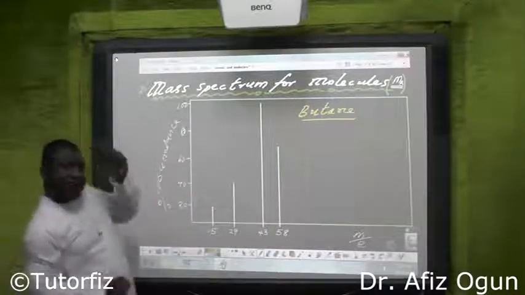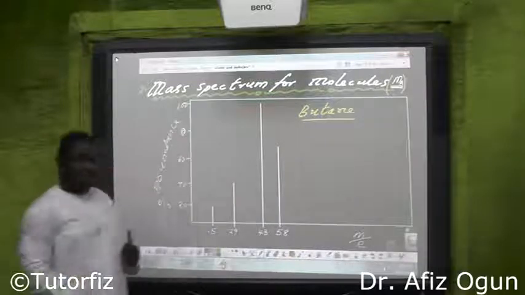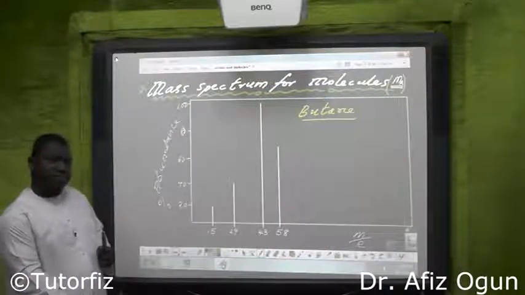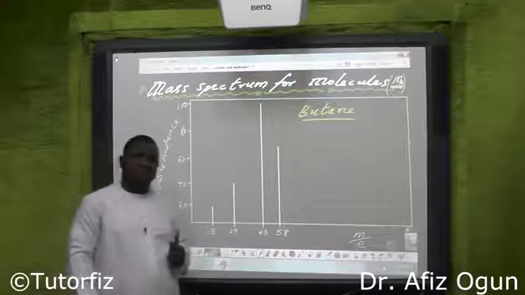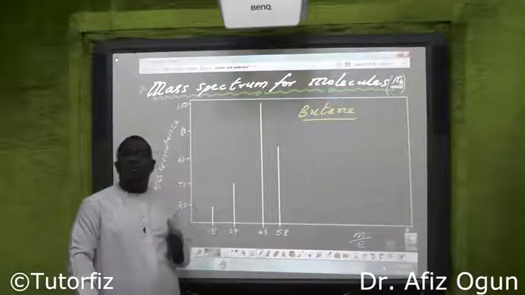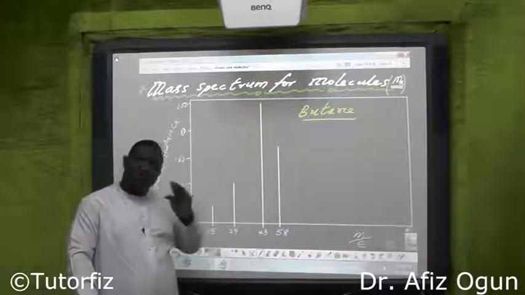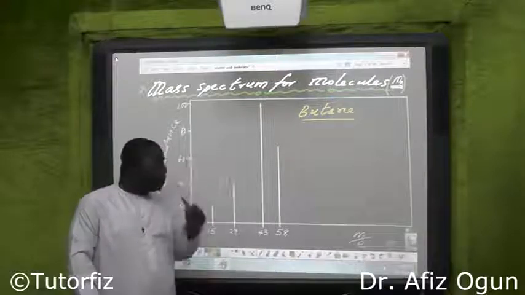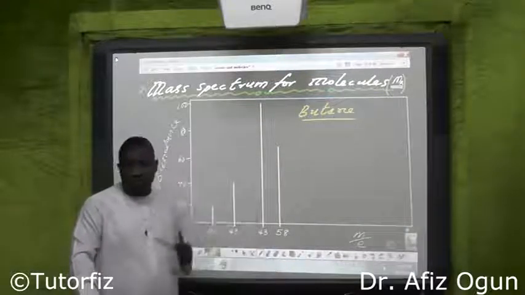From hitting the cathode, electrons came out to bombard these molecules. The molecule we are looking for is the one from which one electron will just be knocked off and it will move.